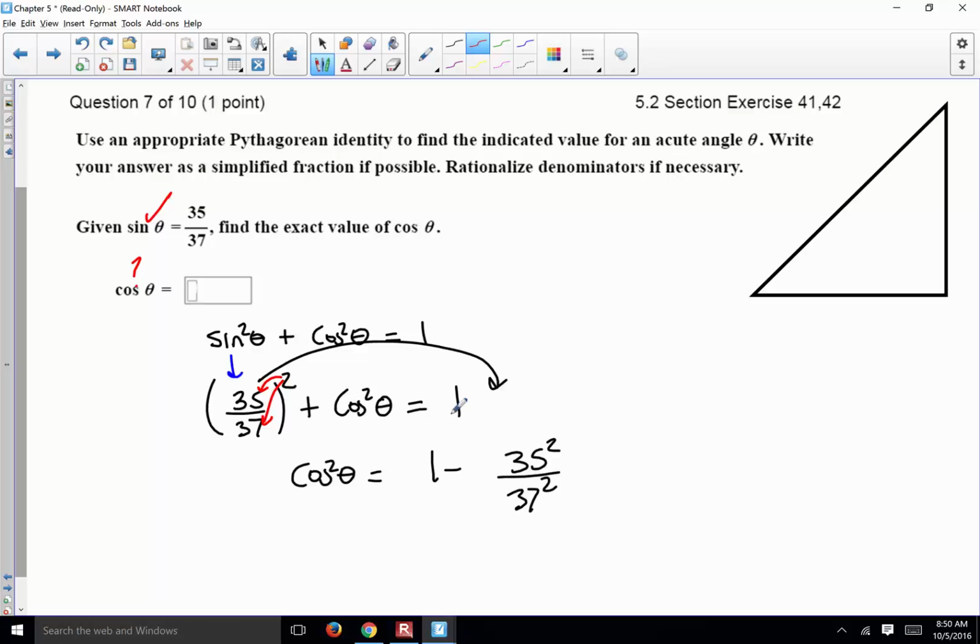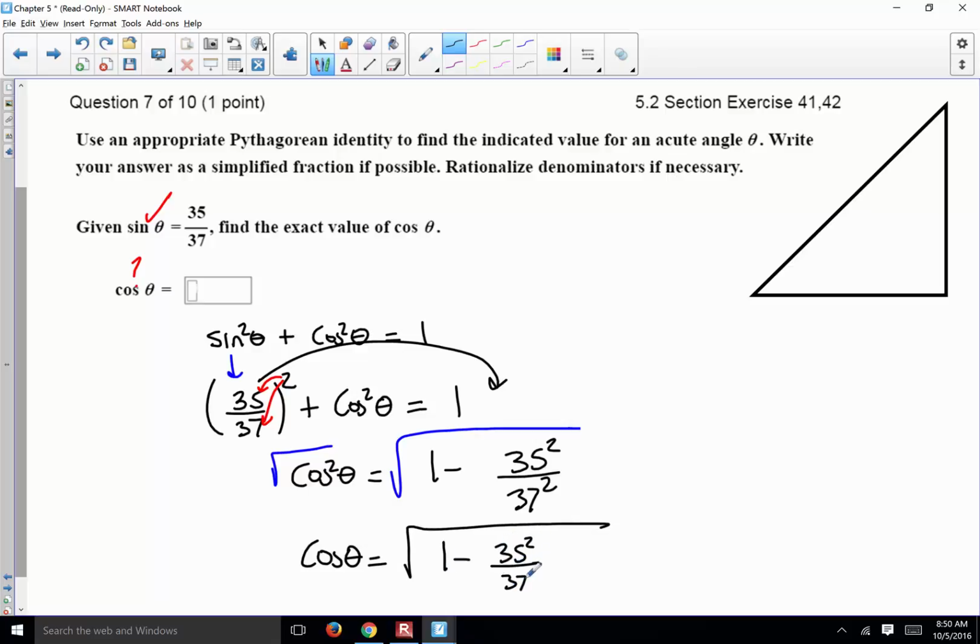Now all you need is to compute these, subtract from 1 and take the square root. Cosine is the square root of 1 minus 35 square over 37 square.